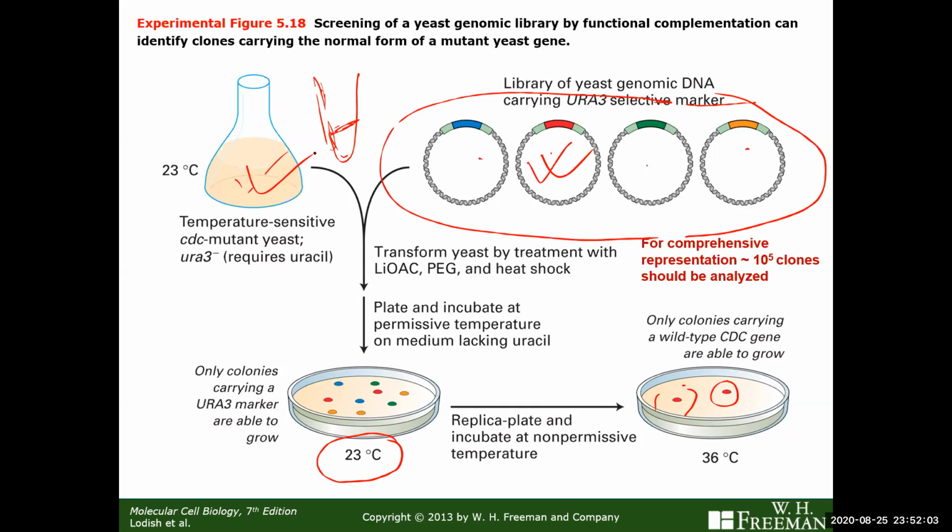Then you do complementation analysis to figure out how many complementation groups there are. The number of complementation groups gives you some idea about the number of genes that might be involved in this particular pathway. Then if you want, you can do epistasis analysis to arrange the genes in some order of action in the galactose metabolism pathway.